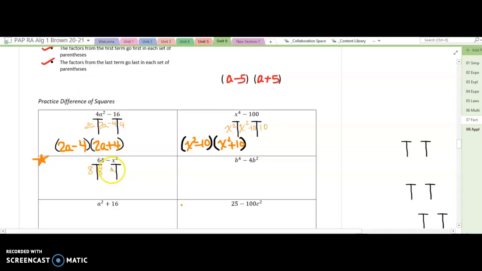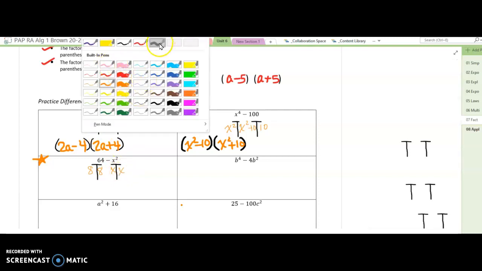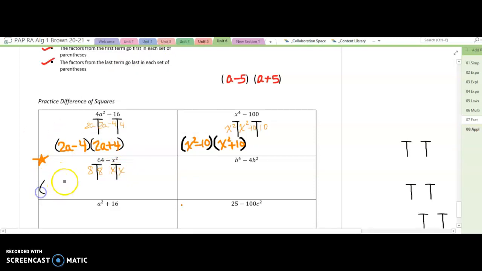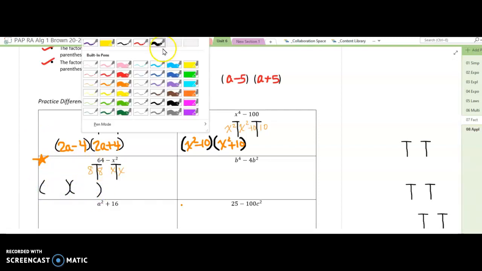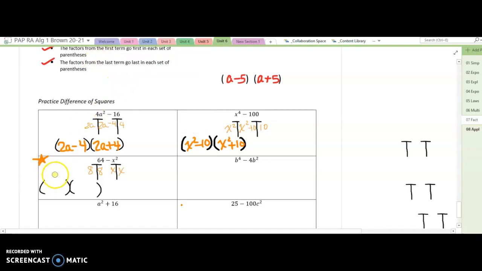X squared, that means I have an x times an x, right? Okay. And then I'm going to open my parentheses here. In the front, I have my 8s, and it does matter what goes where. My 8s go in the front. My x's go in the back. I have a minus in one and a plus in the other.